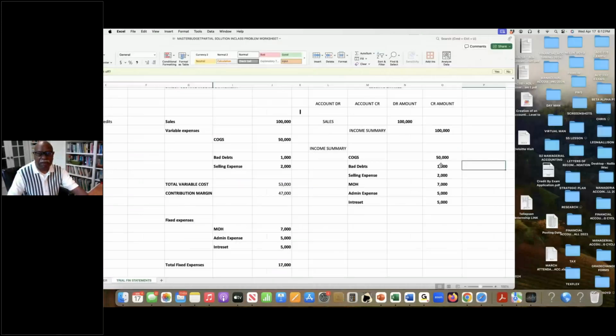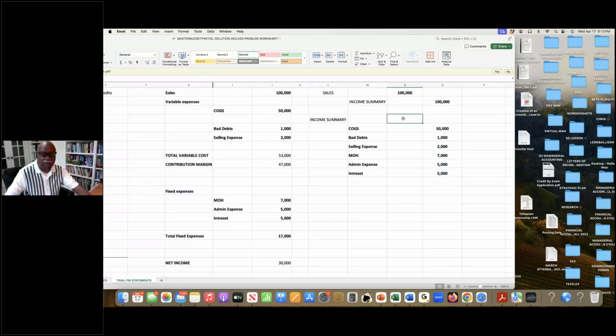So when we total all of these up, this is 70,000. This is closing entry 2, where we're closing out the expenses.